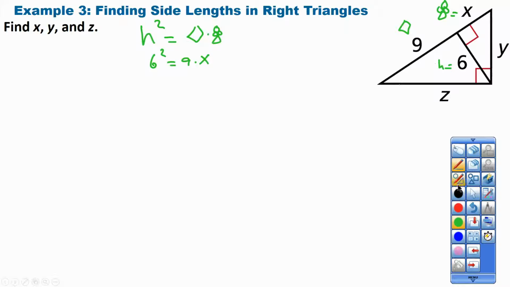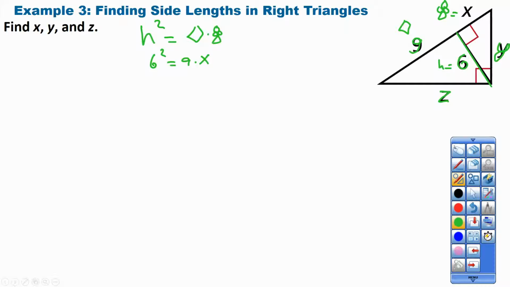So you're going to draw your triangle out, and then you're going to draw in your 6 and your 9, and your x, and your y, and your z.